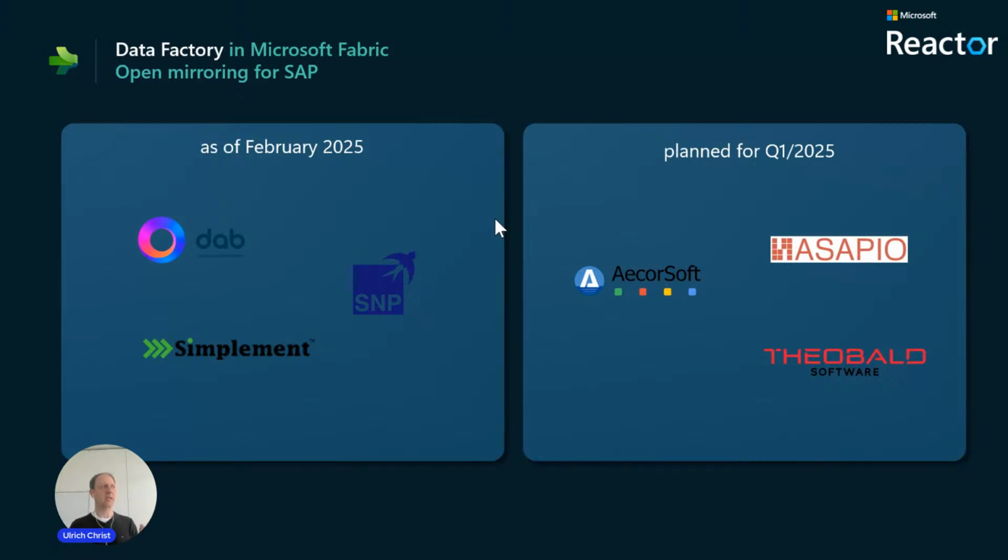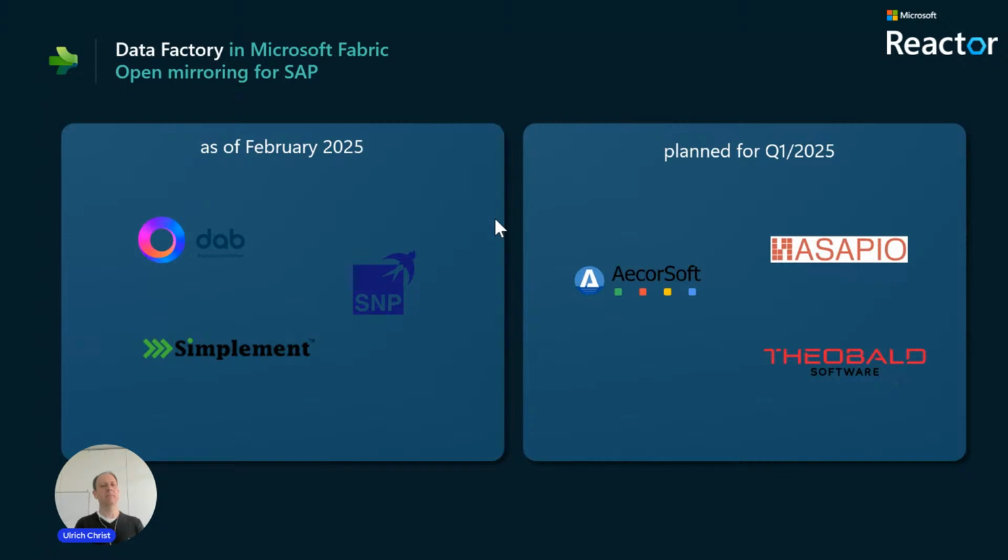The current state is, as of February this year, that DAB, Simplement, and S&P are ready. You will find them in our documentation. When you look for open mirroring in the Fabric documentation, you will see that there's a specific page on the partner ecosystem we have around open mirroring. You will see that these three partners are ready as of now, and they are onboarding first customers on that solution.